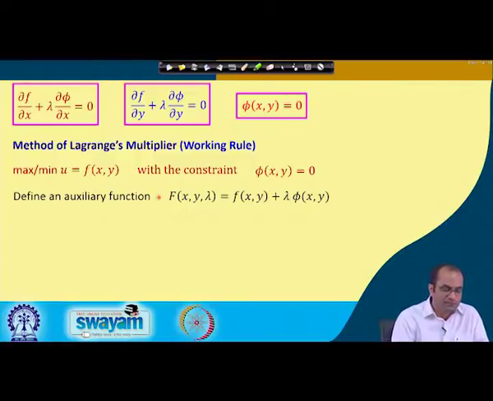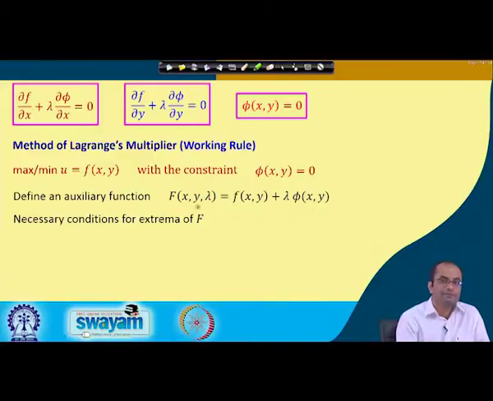So, this is the auxiliary function we define, and then we find the necessary conditions for the extrema of this F. That means the derivative of F with respect to x will be set to 0, the derivative of F with respect to y will be set to 0, and the partial derivative of F with respect to lambda has to be set to 0 to find the critical points of F here. By doing this we will precisely get those equations which we have derived, that at the point of extrema these equations must be satisfied.